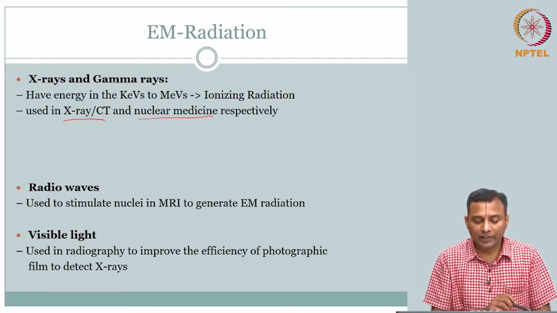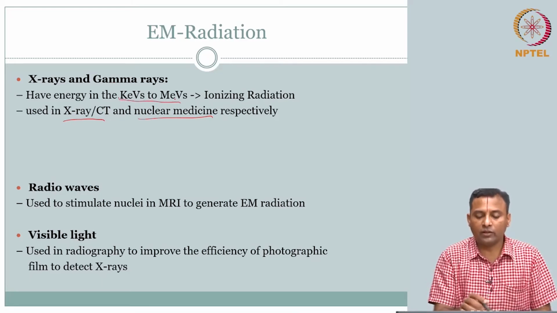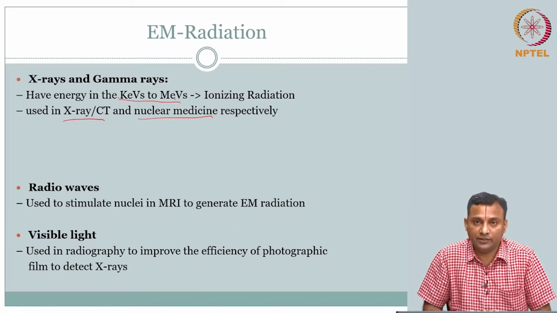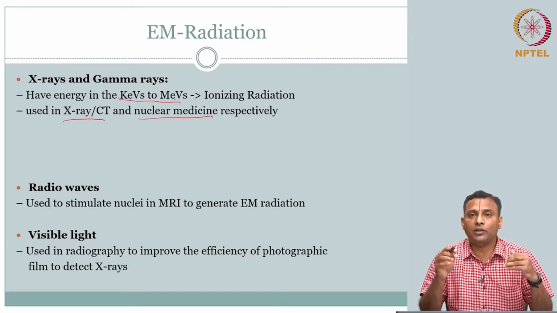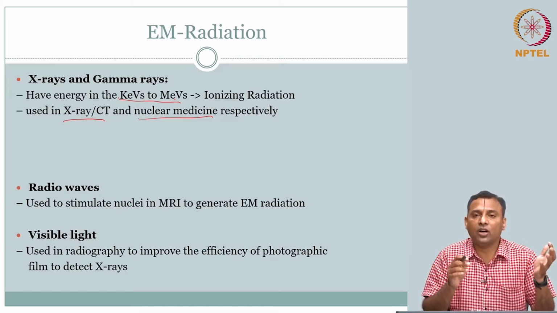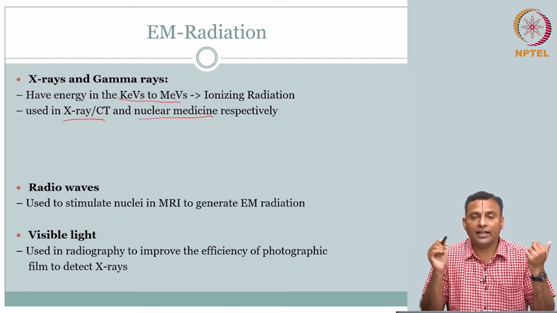These are high energy, in kilo electron volts to mega electron volts, and these are ionizing radiation. That is the reason we said we could think about medical imaging systems as based on ionizing or non-ionizing radiation, right. Non-ionizing, we talked about MRI and ultrasound, remember.